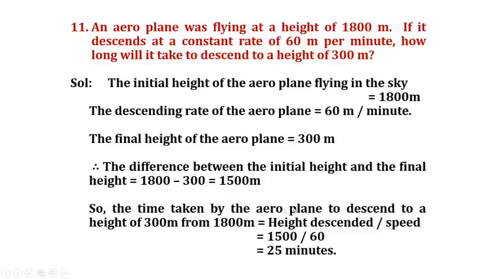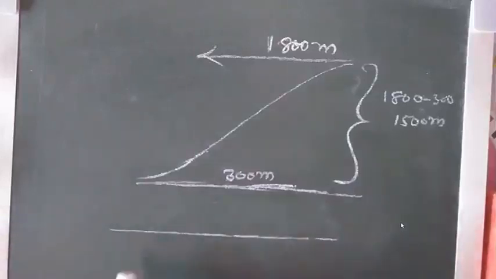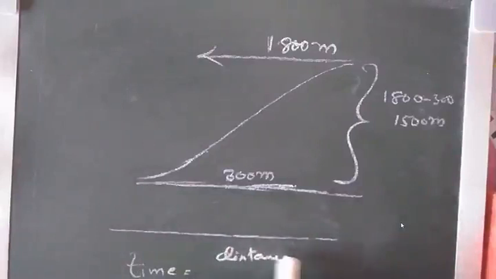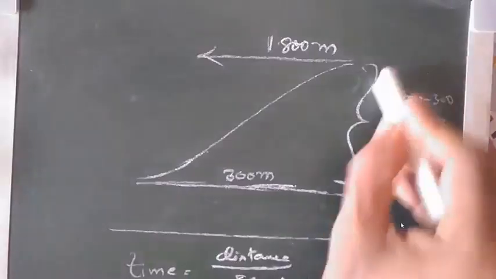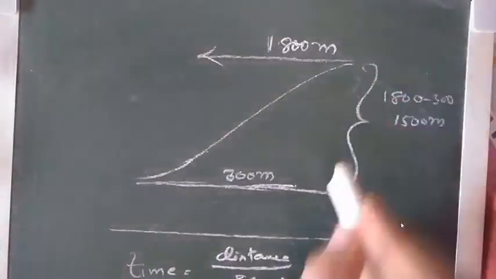So the time taken by the aeroplane to descend to a height of 300 meters from 1800 meters is equal to height descended by speed. We know a formula which is time is equal to distance by speed.